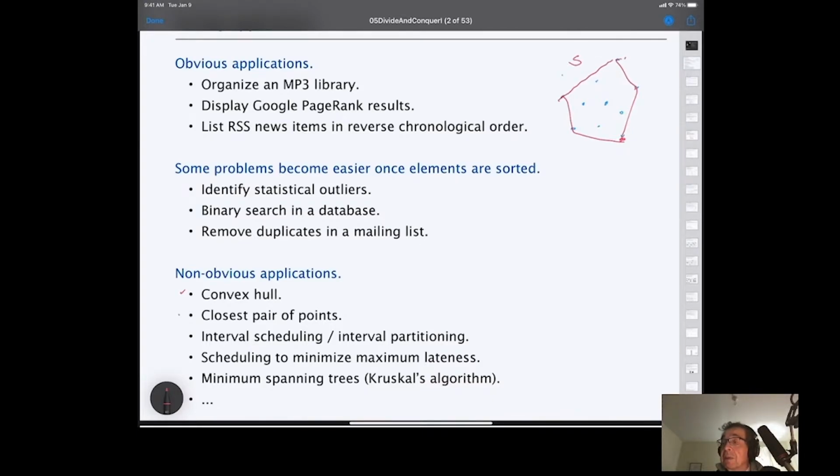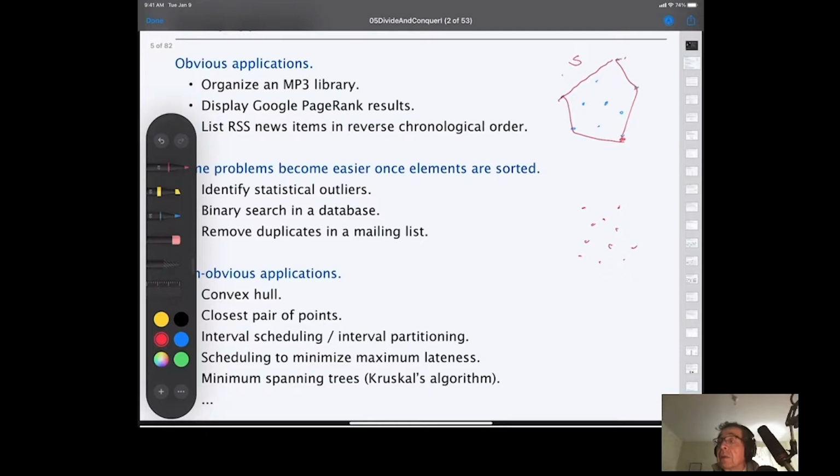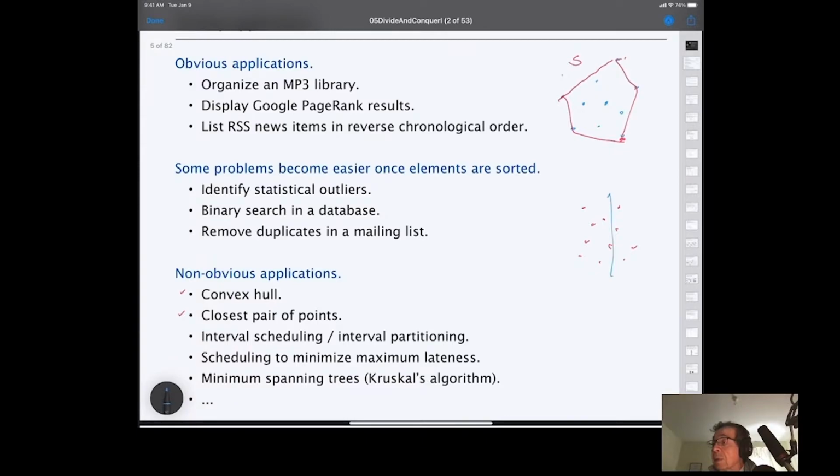Also, to find the closest pair of points, this is not so obvious. We have seen that before. We visited the brute force solution. But what we will do is begin dividing the plane into two parts, which separate the set of points in more or less equal parts, and we keep dividing and dividing, and we do that recursively.